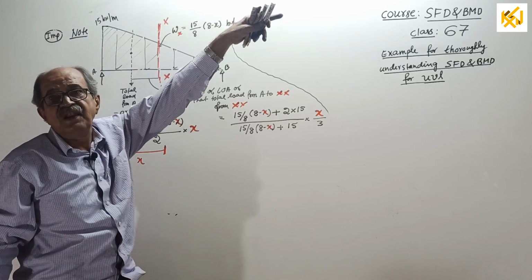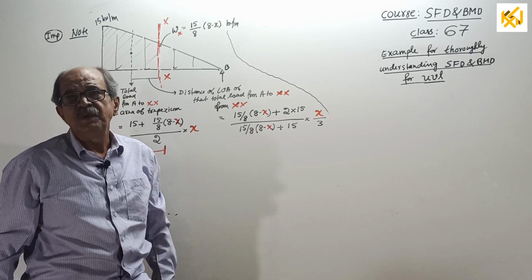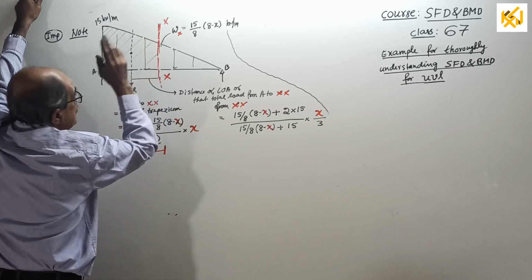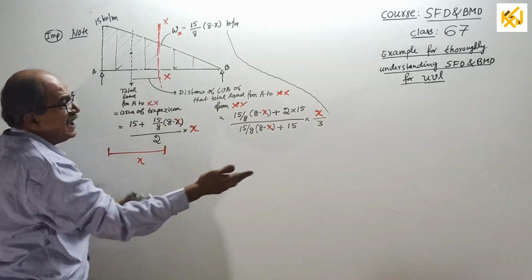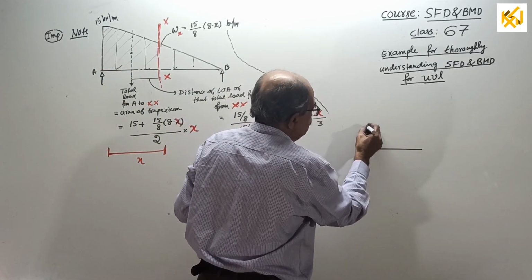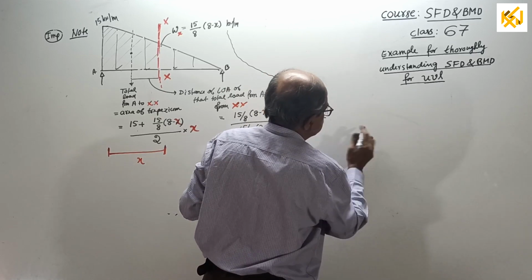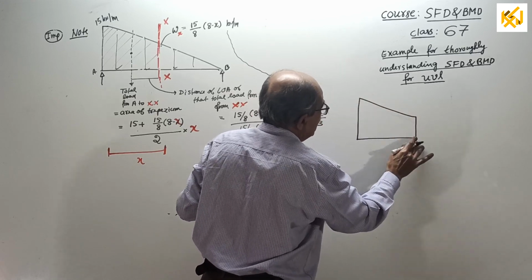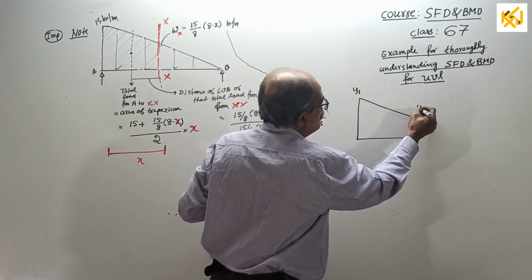Go back to the earlier class, very thoroughly explained, search for it. The area of a trapezium equals the sum of the two parallel sides divided by 2 into the distance between the two parallel sides. Okay, I'll write it once again for you. If this is a trapezium here, I'll take the parallel sides as y1 and y2.